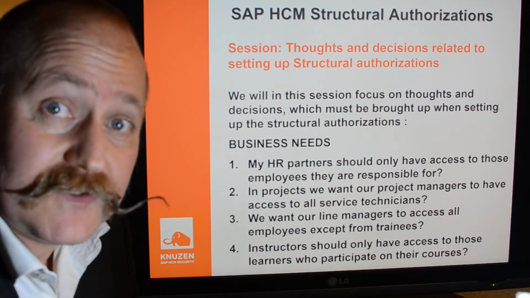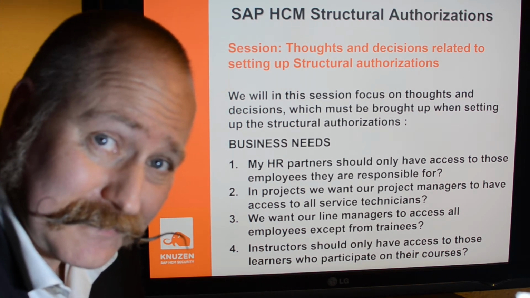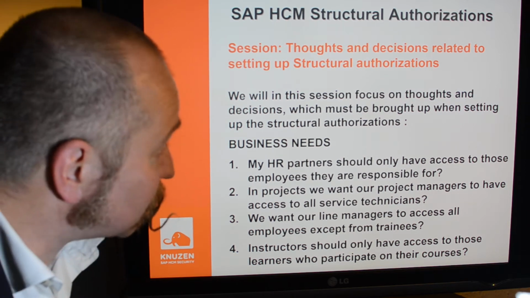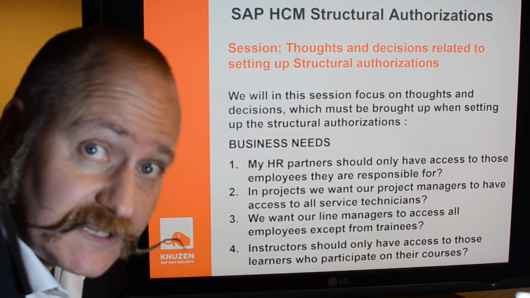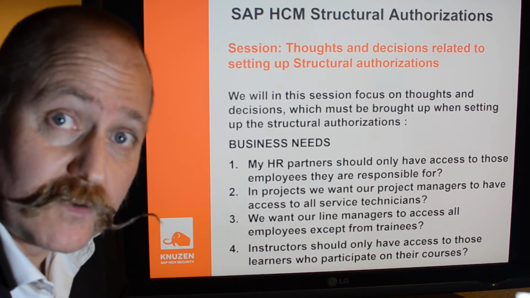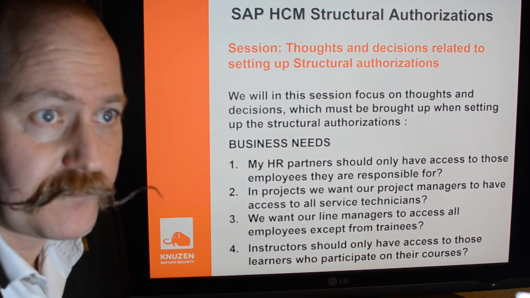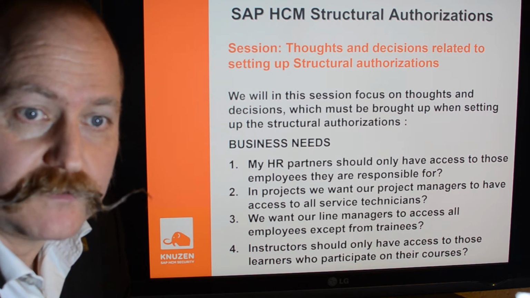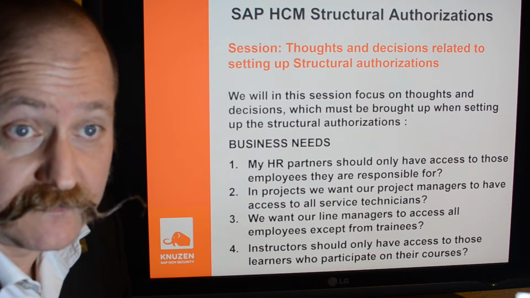We'll have to go through some thoughts, and you will have to take some decisions when you're setting up the structural authorizations. There are different kinds of business needs which will require structural authorizations. Some of those are, for example, the HR partners who need access to those employees they are responsible for.